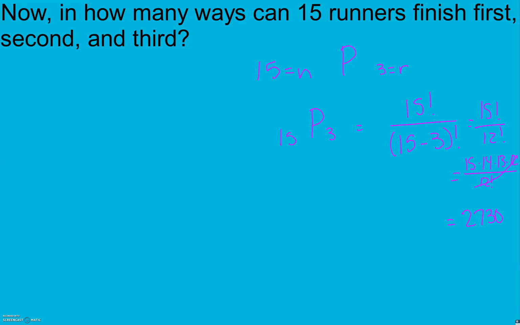And also if we do 15, our PRB key for our nPr, and then 3, I also got 2,730. So a couple ways to very quickly and easily check your answer there. 2,730 ways that 15 runners can finish first, second, and third.